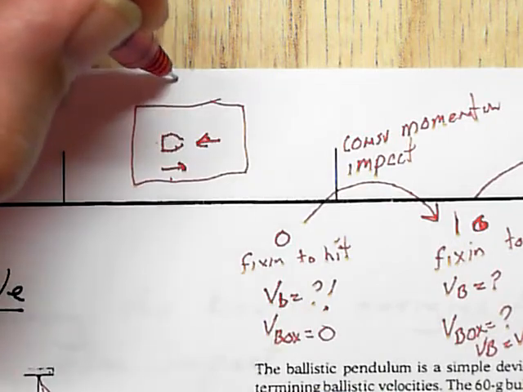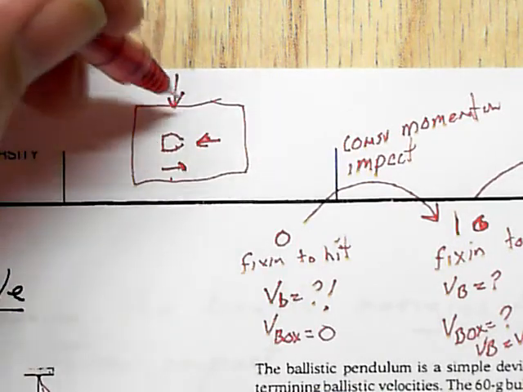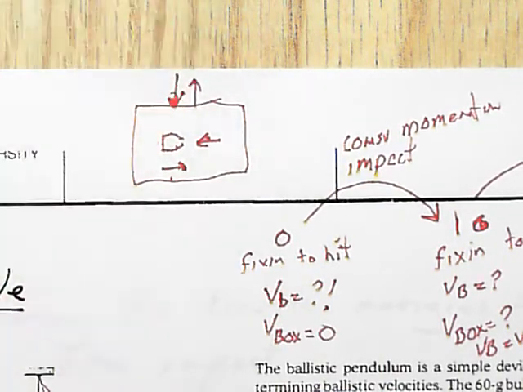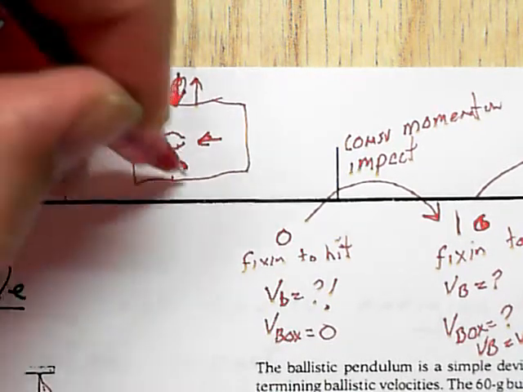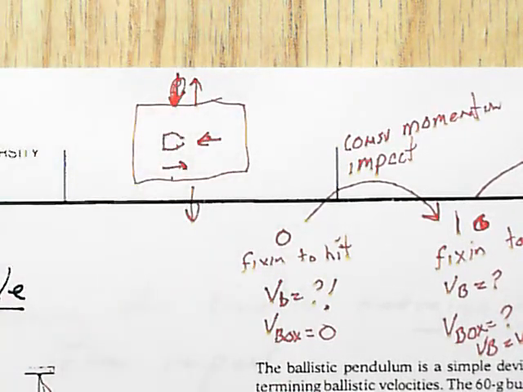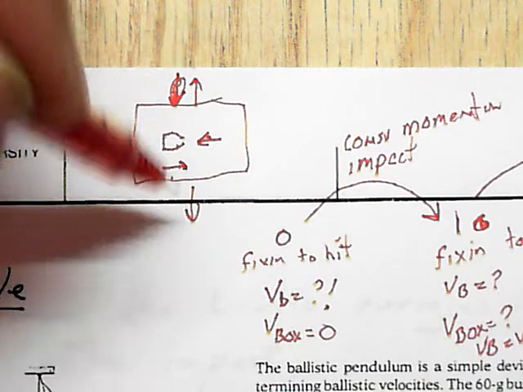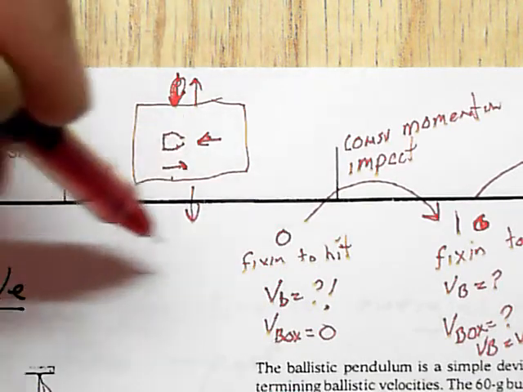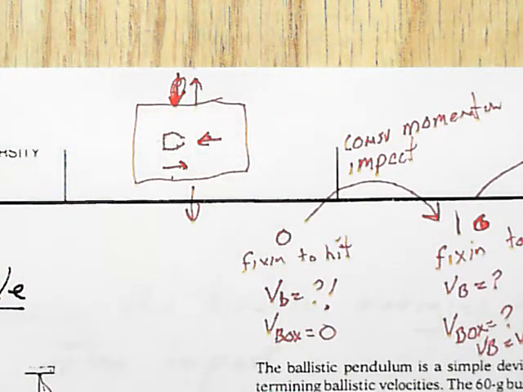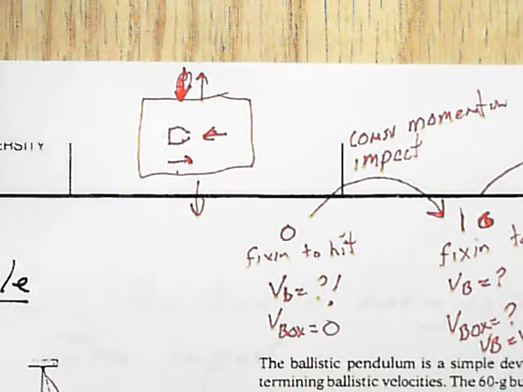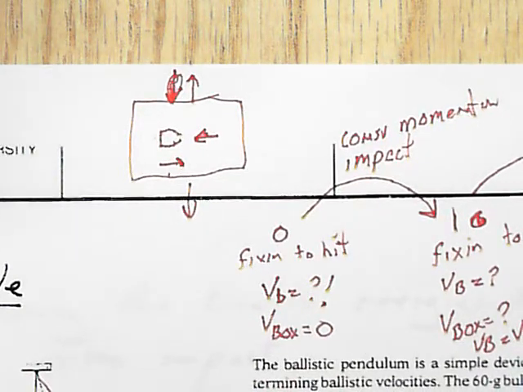We also have the rope force acting upward, and we have gravity force acting downward, but they're always, during this process, equal and opposite. These forces cancel, therefore their impulses cancel. There are no unmatched forces, therefore there are no external or unmatched impulses.